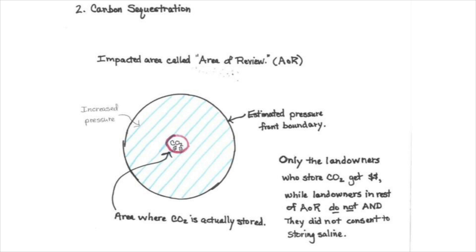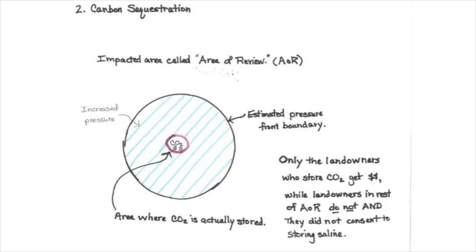And an important thing there is that not only do they not have to give consent, there's nothing in the law that requires them to even be notified that they're going to raise the pressure under their land. And let me comment that the high school and grade school are also in this area.